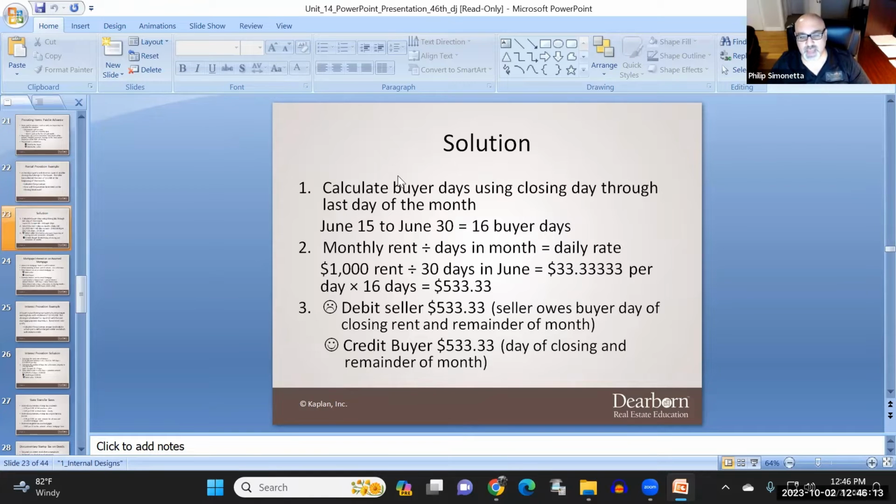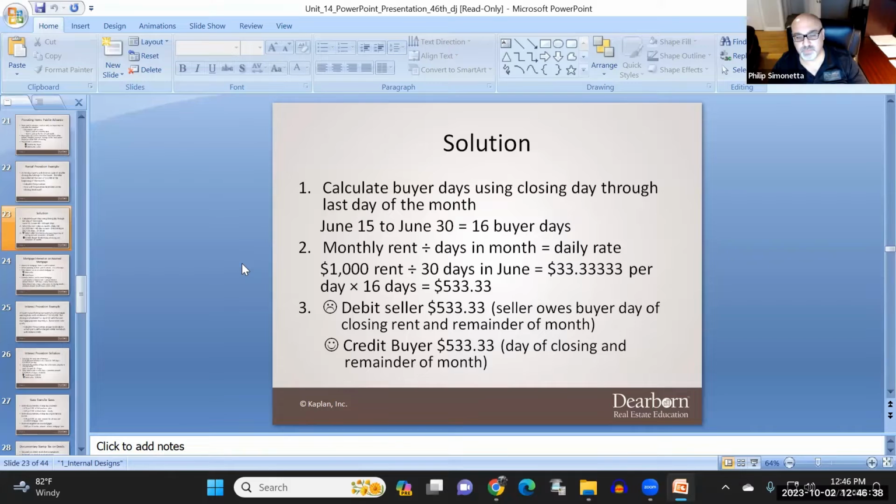Okay, so you calculate the buyer's days using the closing day through the last day of the month, June 15th to June 30th. You know there's 30 days, so the 15th is the buyer's day. That's 16 days, because the buyer owns the 15th plus the 16th all the way to the 30th.